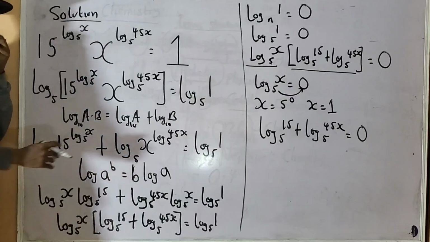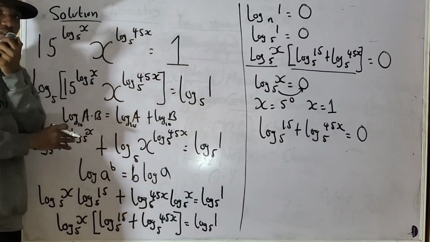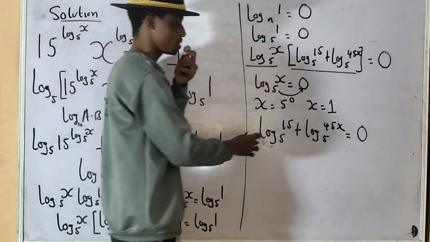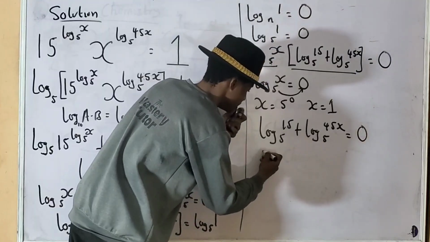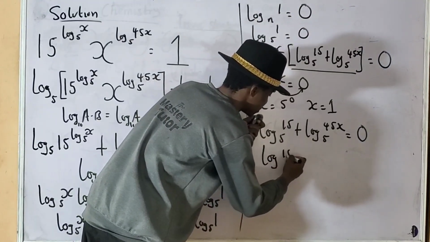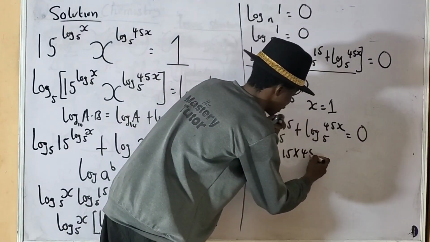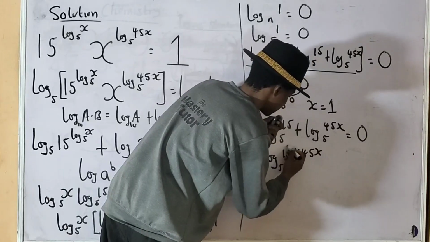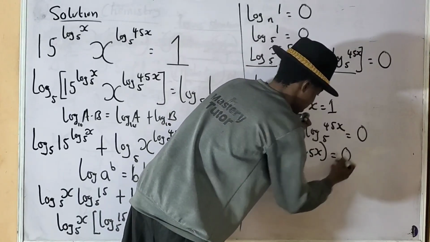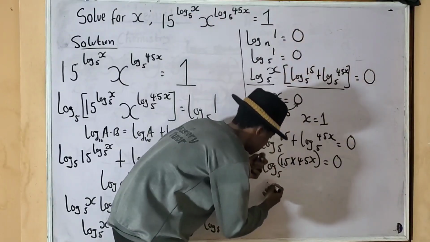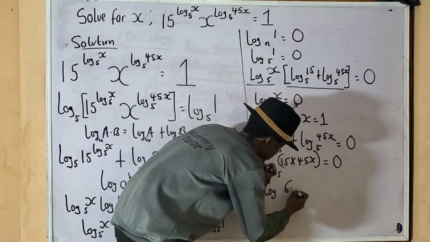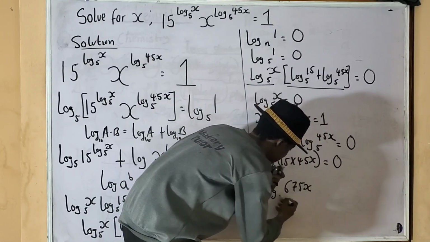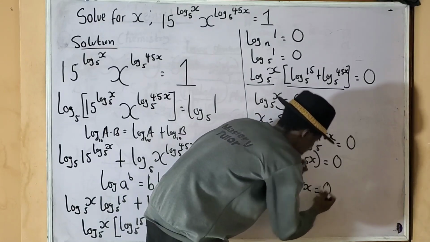The sum of logs is the log of the product. So now we have the sum of two logs. The result will be log of 15 multiplied by 45x, and the base is 5, equal to 0. So we are going to have log 675x base 5 equals 0.